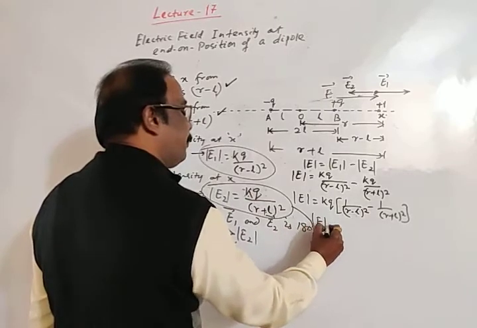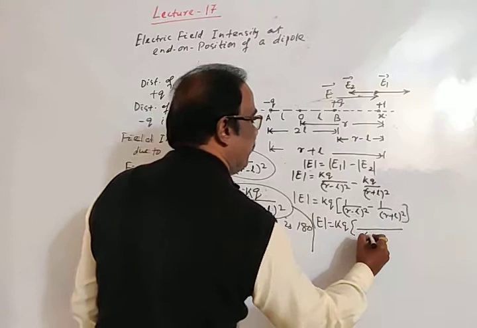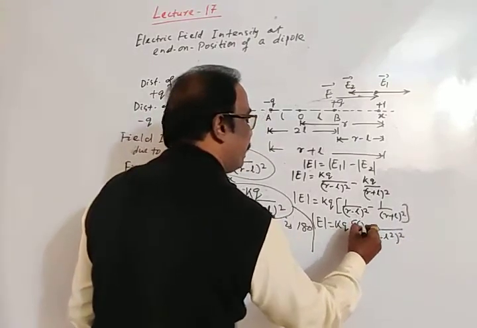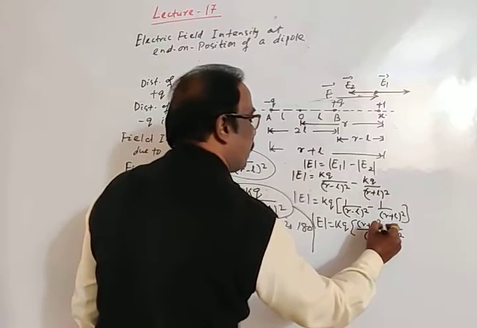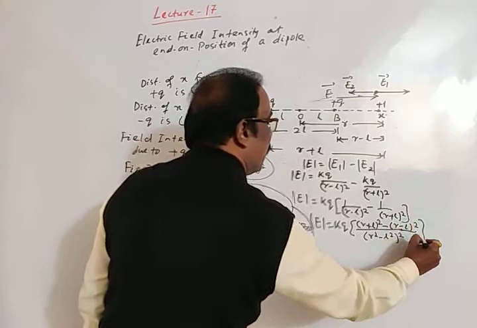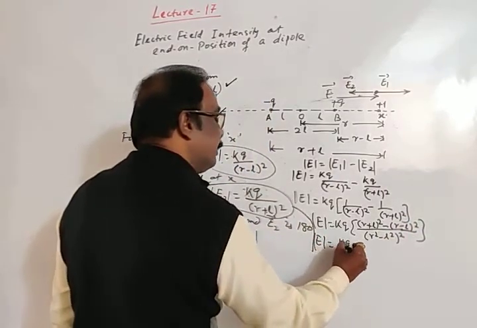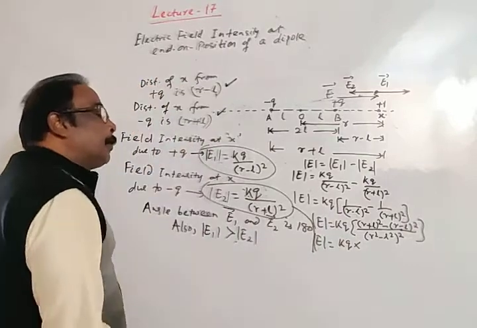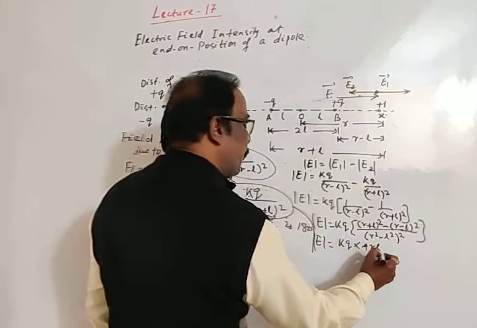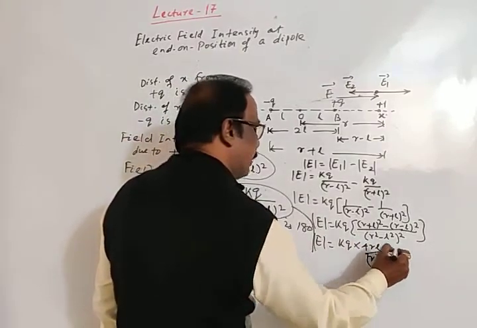Then the magnitude of the resultant field is kq, with LCM (r square minus l square) whole square, and in the numerator (r plus l) whole square minus (r minus l) whole square. It will come to 4rl divided by (r square minus l square) whole square.